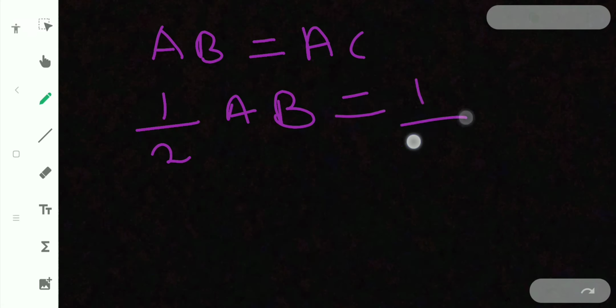AB is equal to AC, so half of AB is also equal to half of AC.